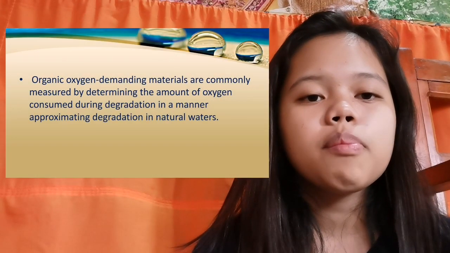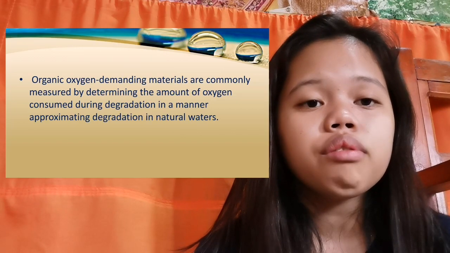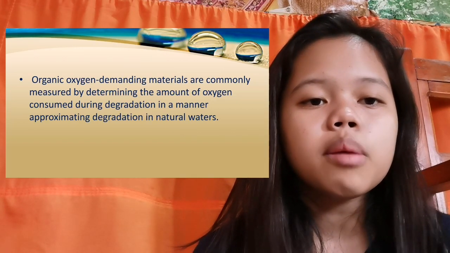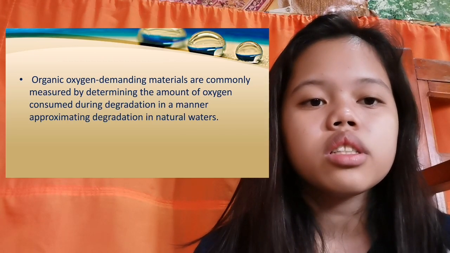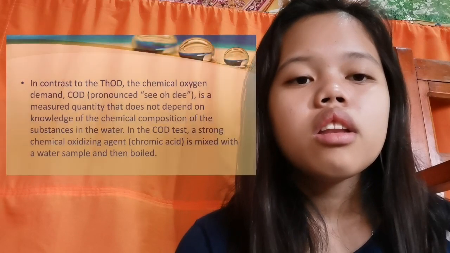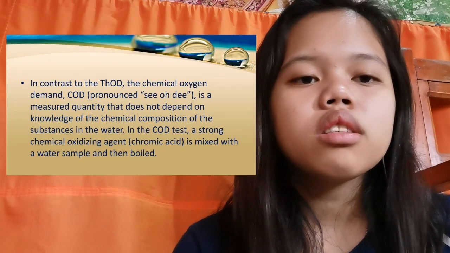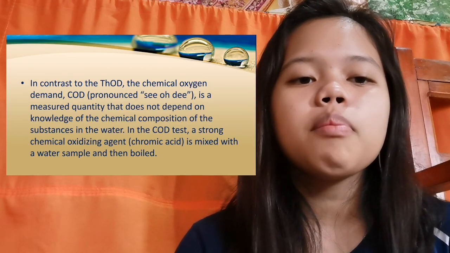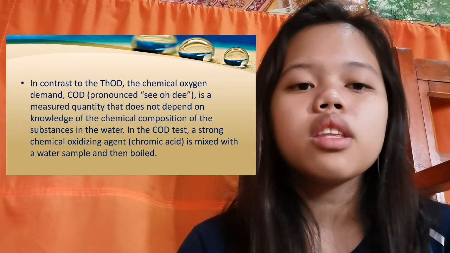Organic oxygen-demanding materials are commonly measured by determining the amount of oxygen consumed during degradation, in a manner approximating degradation in natural waters. In contrast to the theoretical oxygen demand, the chemical oxygen demand, or COD, is a measured quantity that does not depend on knowledge of the chemical composition of the substances in the water.